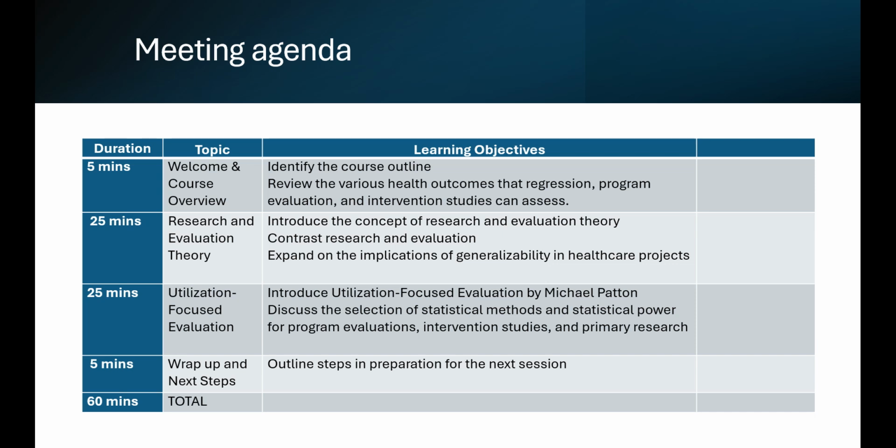In our second discussion, that will be on utilization-focused evaluation, where our learning objectives are to introduce utilization-focused evaluation by Michael Patton, discuss the selection of statistical methods and statistical power for program evaluations, intervention studies, and primary research. And for our last 5 minutes, we're going to wrap up and cover our next steps. We'll review and outline steps in preparation for the next session.